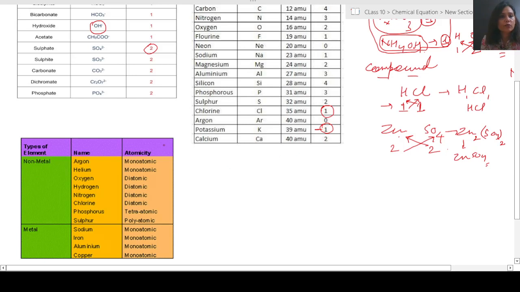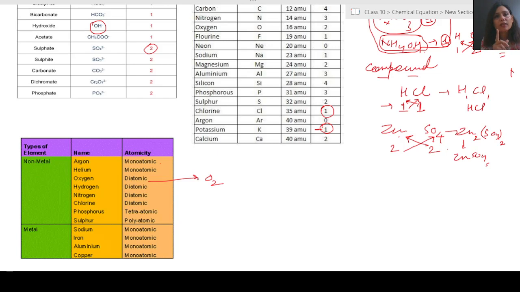For example, if you see here in this table, argon and helium reactions are not asked basically, but oxygen here is diatomic, so you are going to write O2. Like for example, carbon is burning with oxygen. What do we write? We write C plus O2. Why? Because oxygen always occurs as a diatomic molecule.